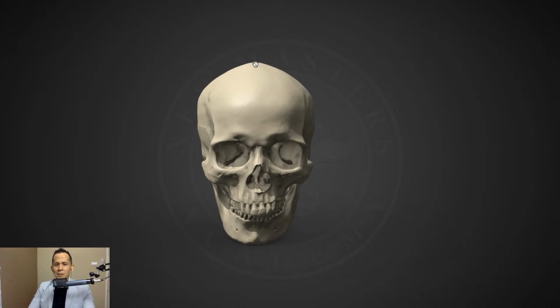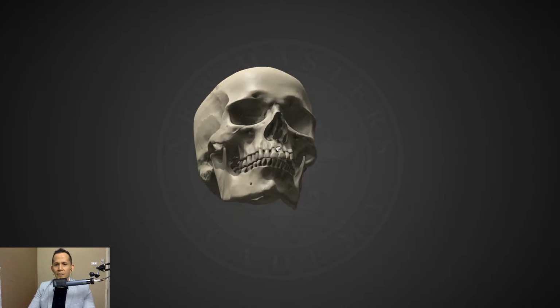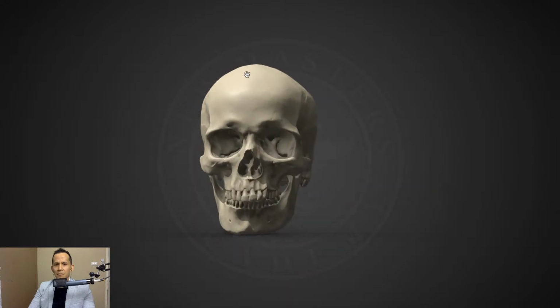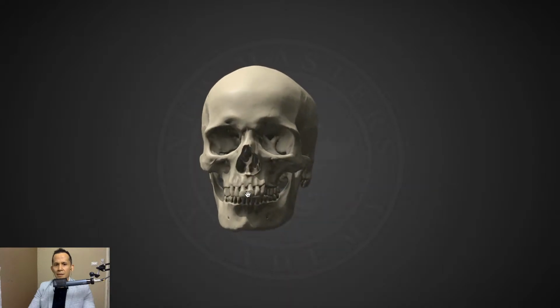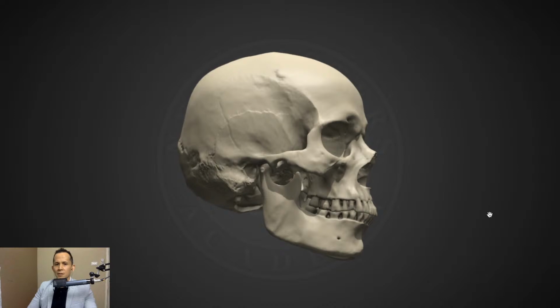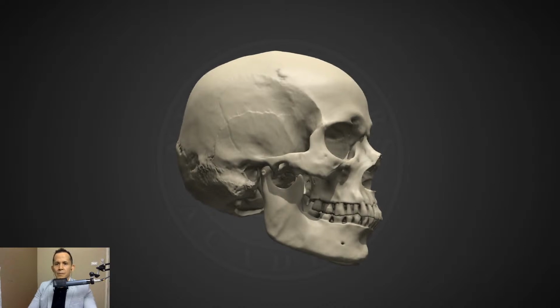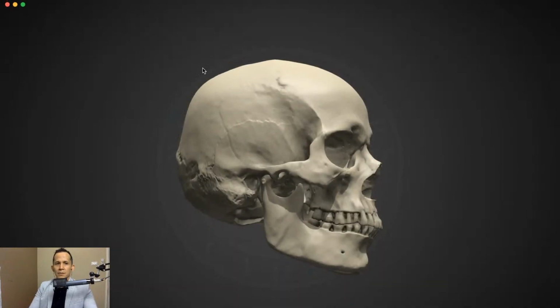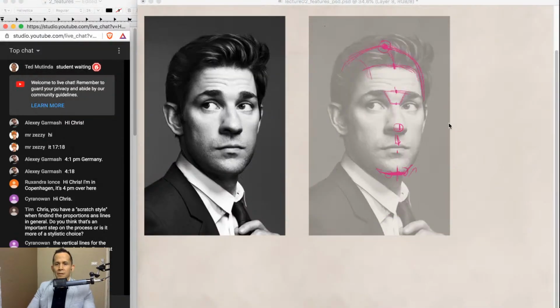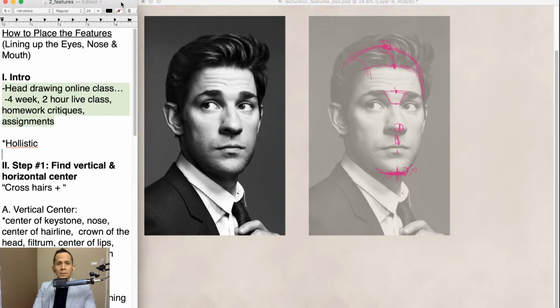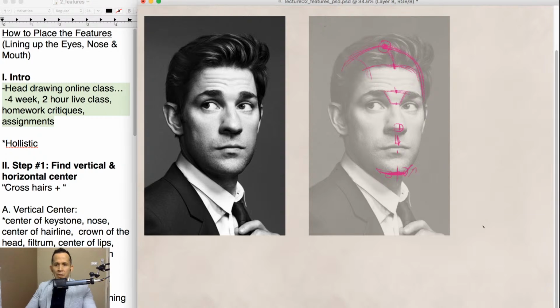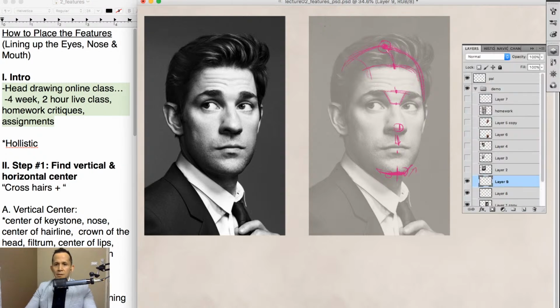And really, once you have this point, every feature can be really placed when you have that, and you have the second point, which I'll talk about next, the horizontal center. So that's vertical center. Let's go back here. And once we have that, then we just kind of draw a line through.